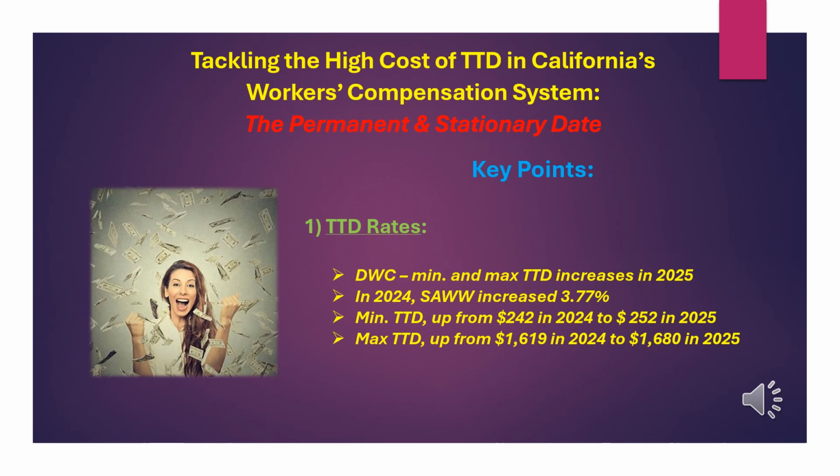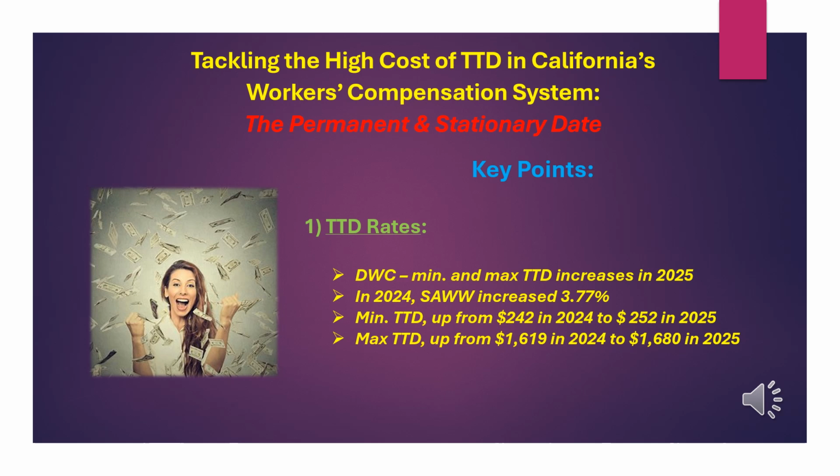In the next couple of slides, we're going to discuss some key points with regard to the TTD and permanent and stationary declaration. Now, the DWC recently announced that the minimum and maximum temporary total disability payments will increase on January 1st of 2025. The state average weekly wage is the weekly wage in California paid to employees who are covered under the unemployment insurance for the 12 months ending on March 31st in the year preceding the injury, as reported by the U.S. Department of Labor.